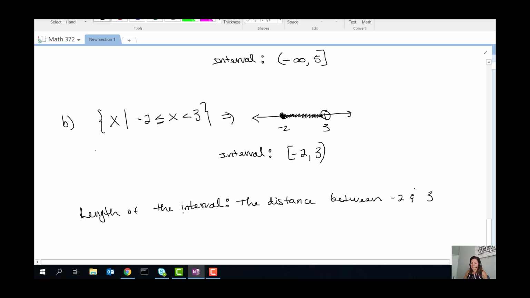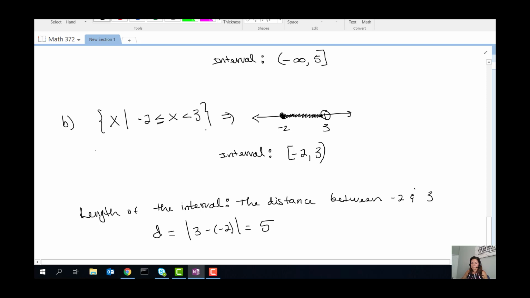So what is the distance between -2 and 3? The distance between -2 and 3 is the difference in them. But remember, distance is positive, so we're going to say the absolute value of 3 minus -2. So the length of the interval is 5.